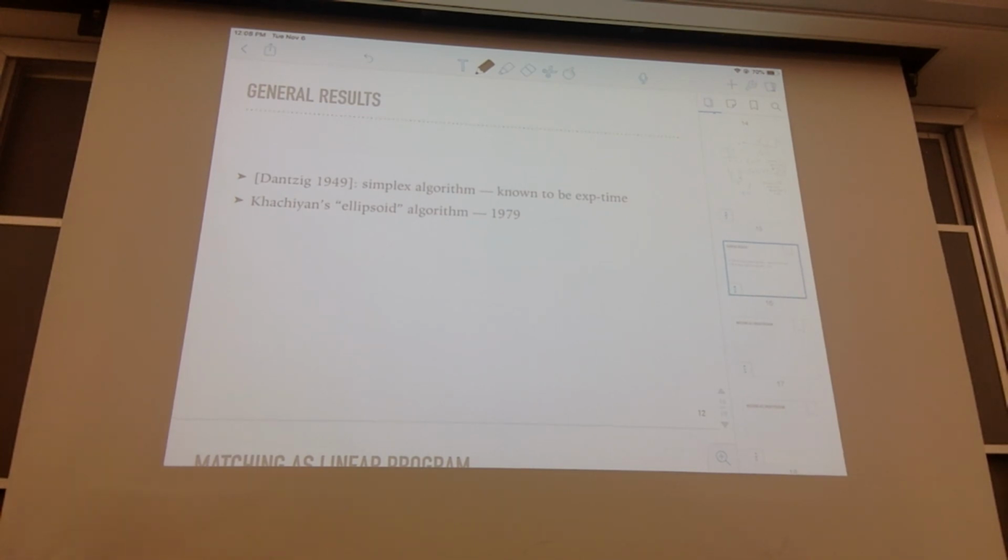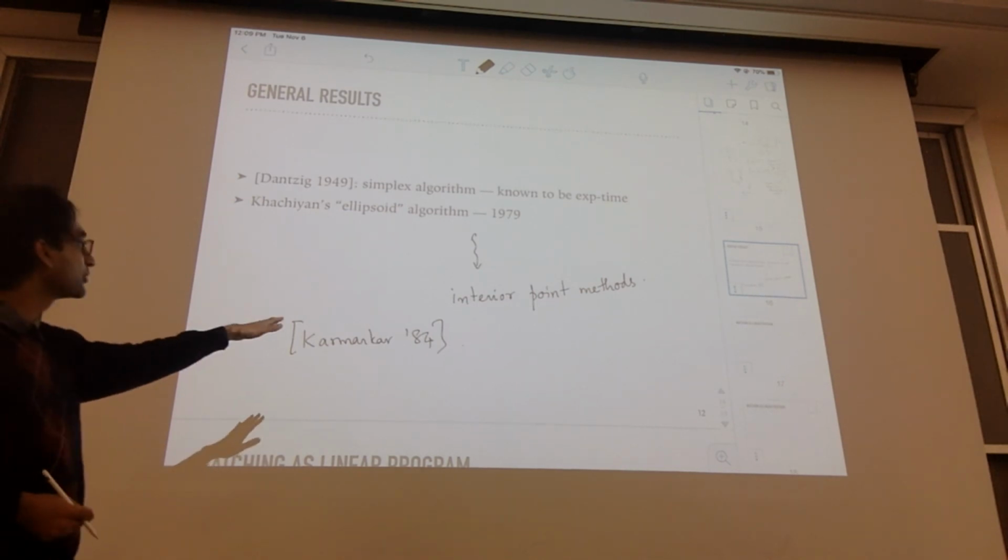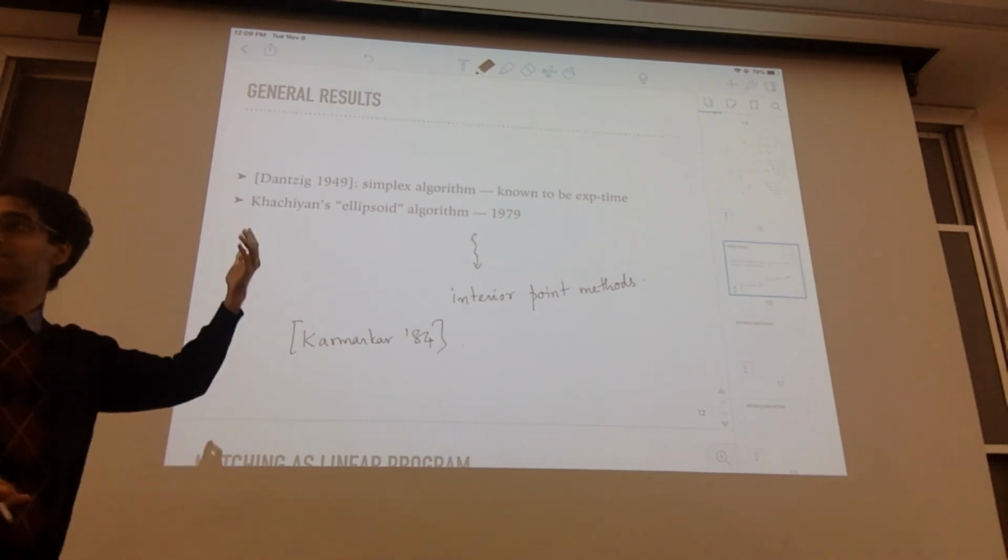This led to a lot of other algorithms called interior point methods. There was a classic algorithm by Karmarkar in '84, which was the answer to Khachiyan's algorithm. It had both theoretical guarantees and worked pretty well in practice.